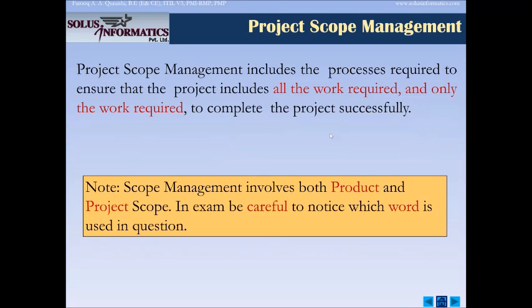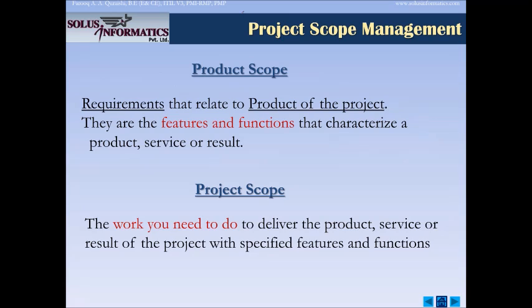See, when we say product scope, these are the requirements that relate to the product of the project. They're the features and functions that characterize a product, service, or result. Like, if I'm developing an online training software tool for you to deliver online training, then the description of the features and functions of this product would be referred to as the product scope.